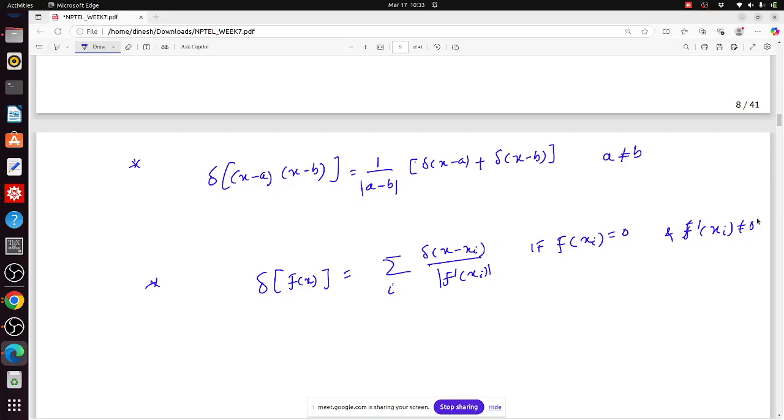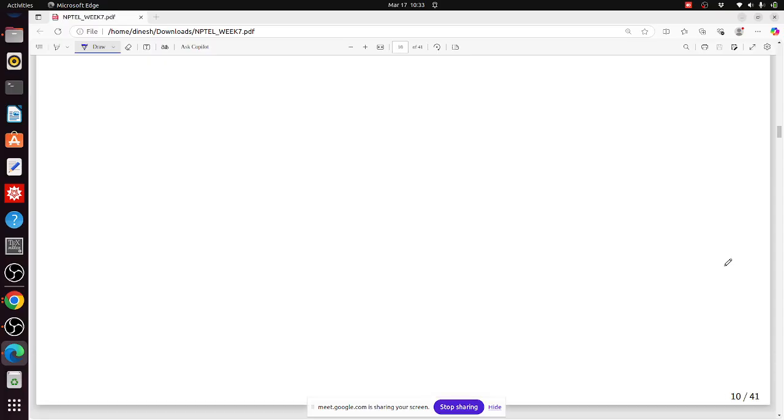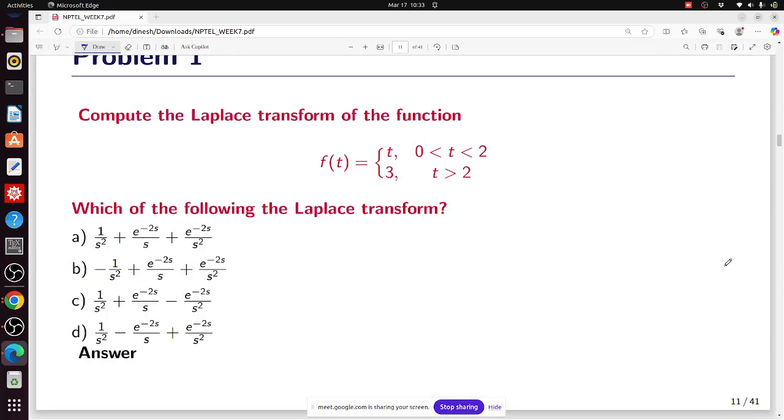So these are the properties of the Dirac delta function. Now we will see some examples of the Laplace transform and the Dirac delta function.